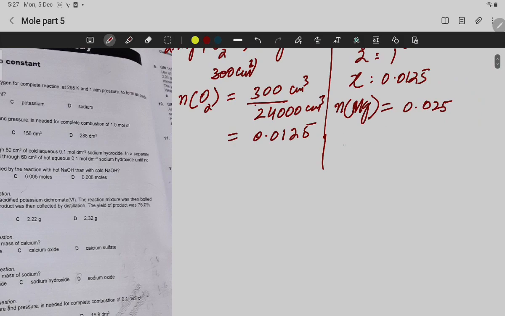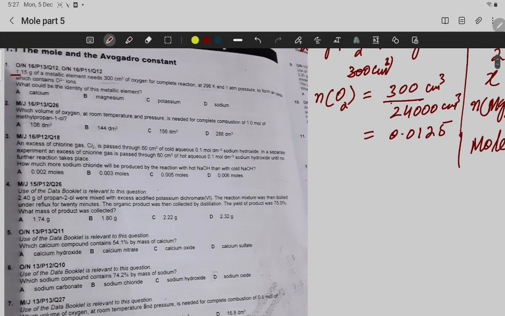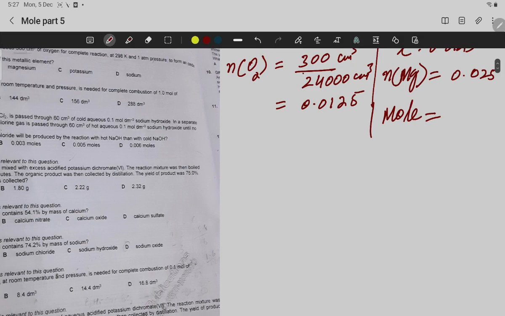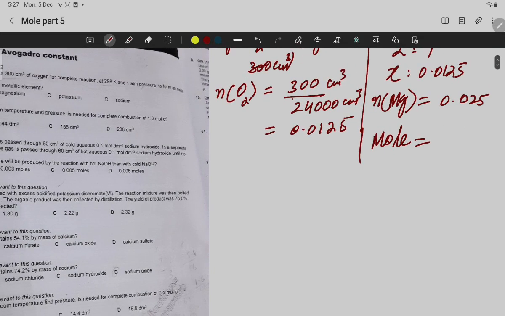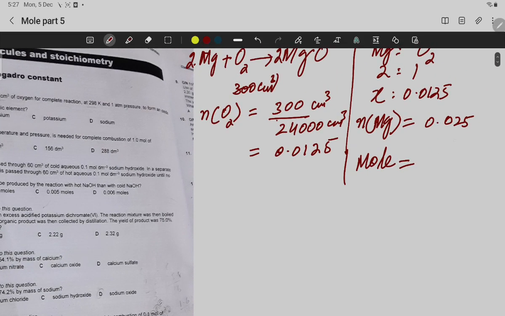Now in the question, 1.15 gram of metallic element is given. So mole is equal to mass over AR, so AR is equal to mass over mole. Mass is 1.15 and mole is 0.025.